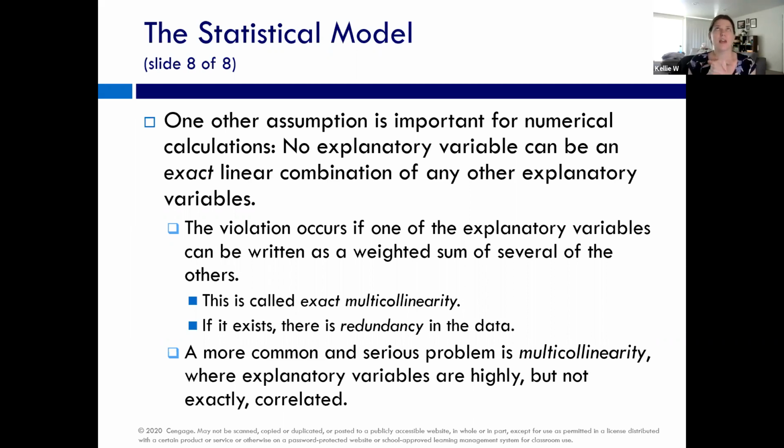So for example, if I'm trying to predict the cost of energy on a military base, and I have several variables, and one of them is square footage of housing, and another is acreage of land.